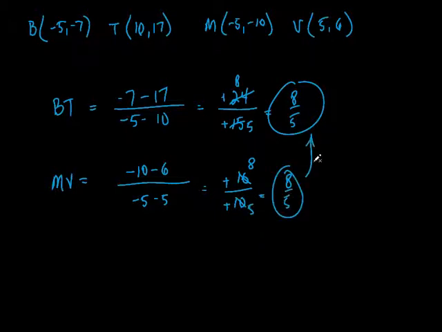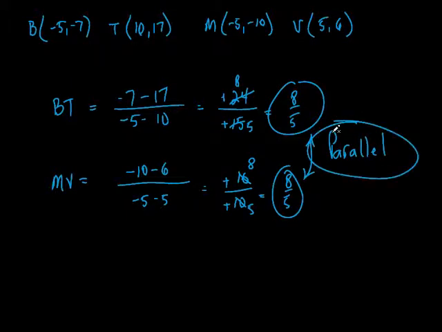Is there a relationship between these two slopes? Absolutely, they're equal to each other. So what kind of lines are these? They are parallel, that's right. If the slopes are equal to each other, then the lines are parallel. I think we've covered that plenty.